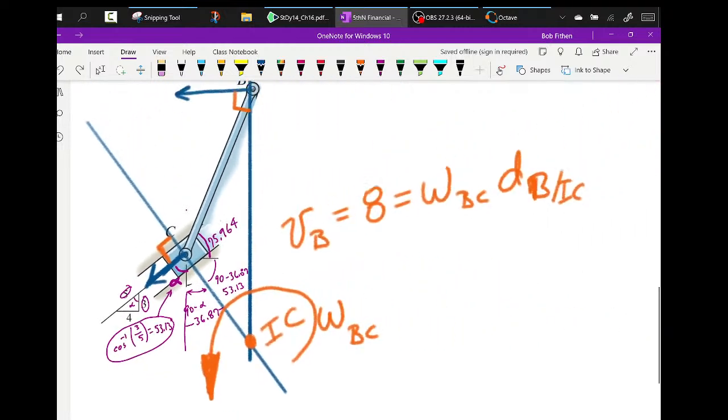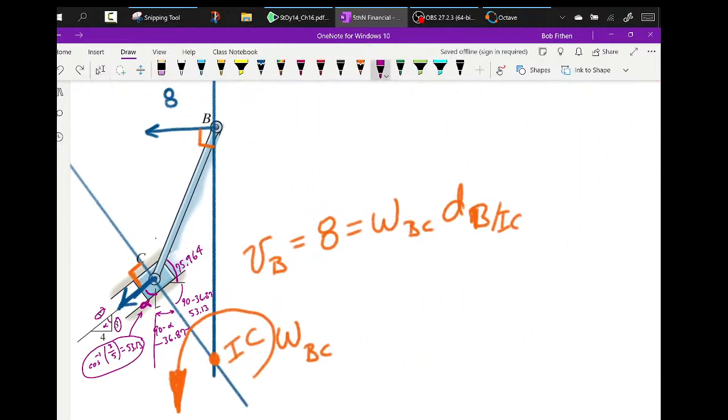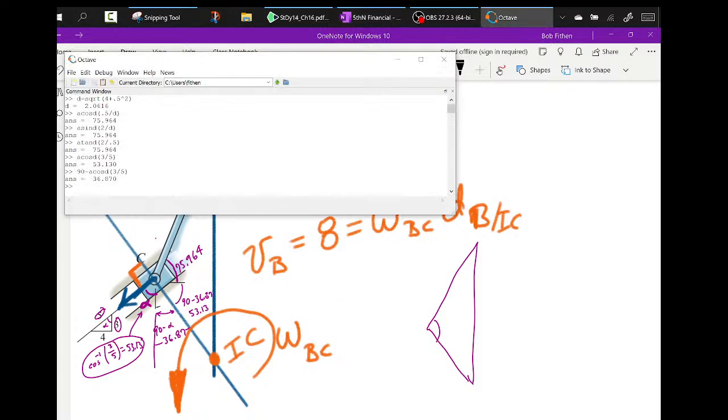So what you have is a triangle now, and I'm going to try my best to duplicate it here. It looks like this, in which this angle is 53 plus 75. Okay, so what I'll do is 53.13 plus, there it is, 75.964, 129.09.